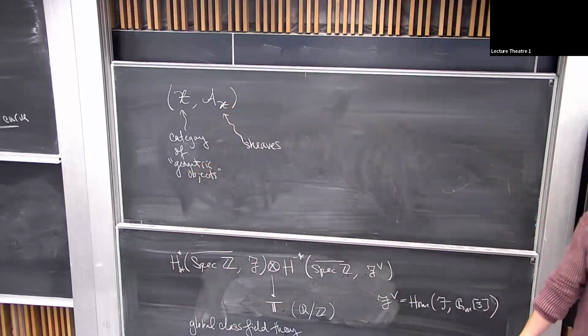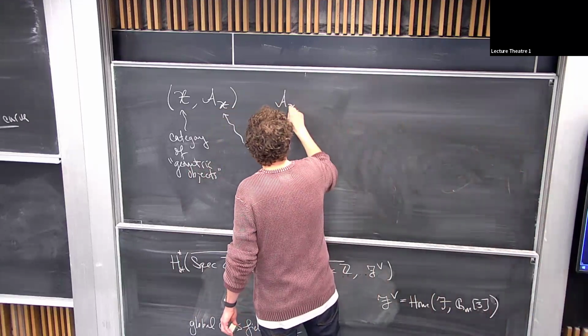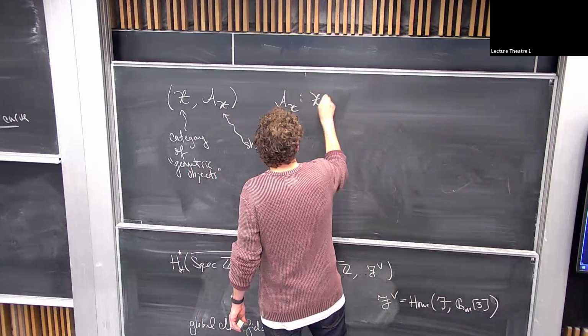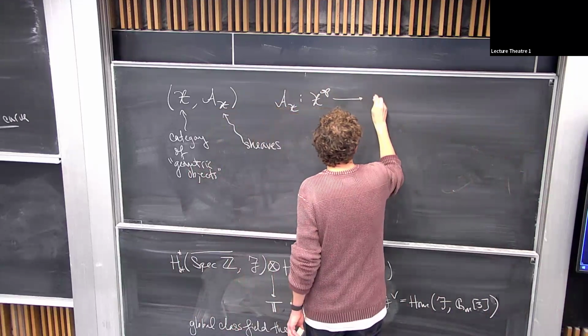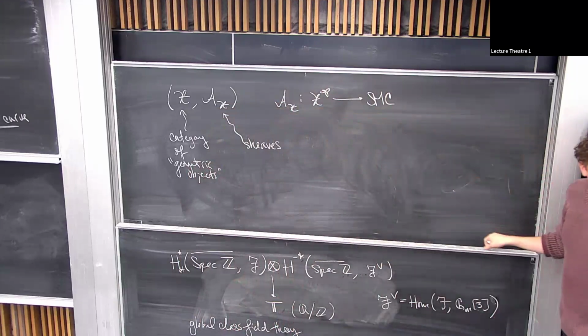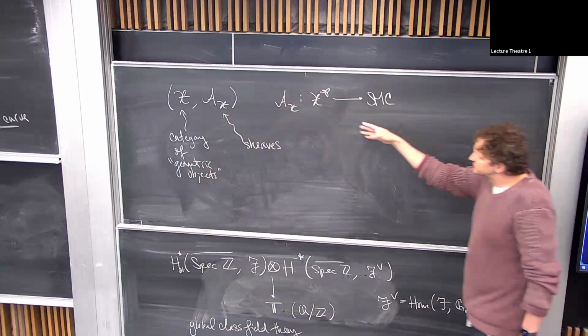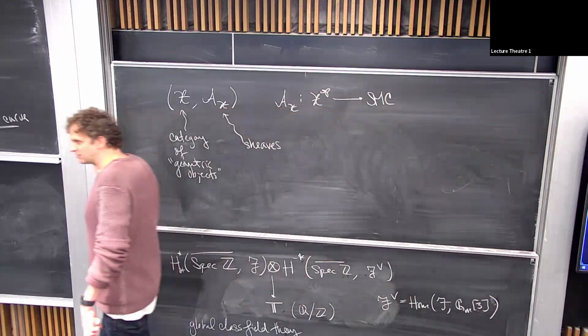And this is it. This is all you have at your disposal. By the way, this A_X here, technically speaking, what kind of thing is it? Well, it's a sheaf of symmetric monoidal categories, or symmetric monoidal infinity categories, if you like. This is what you have access to. Everything that we want to say about these things comes from just this amount of data and nothing more.